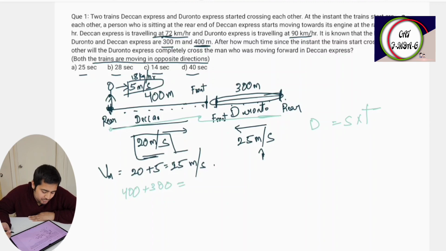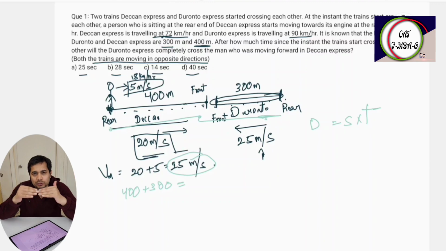So how are we actually doing it? We are considering the man to be stationary. We are transferring all other speeds to the man himself. So this combined speed 25 is transferred to Duranto, and the opposite effect is like that, 25 plus 25.